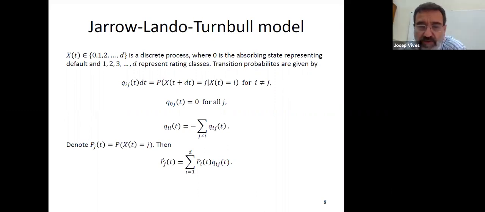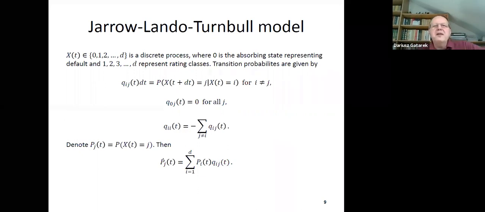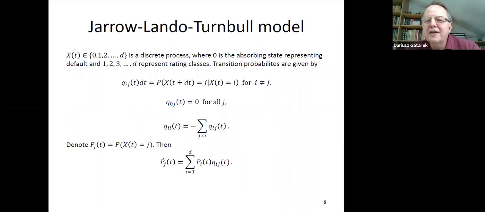There is another question. Is the formula for Q_ii here in this slide correct? Is it not 1 minus the sum? No, no. Not 1 minus the sum. So there is one which is added and subtracted, and this is okay. So the generator looks like that.